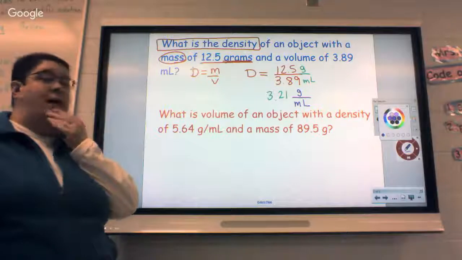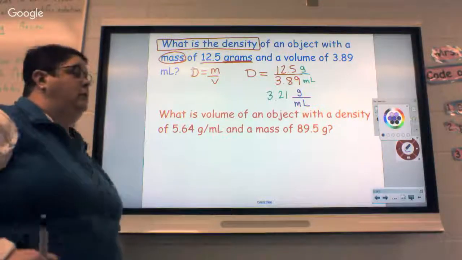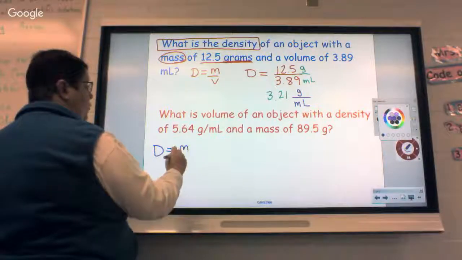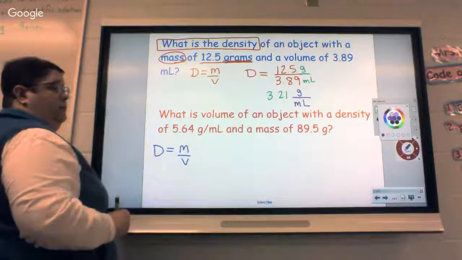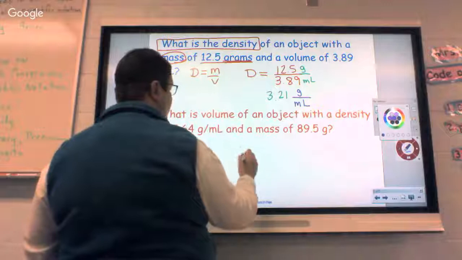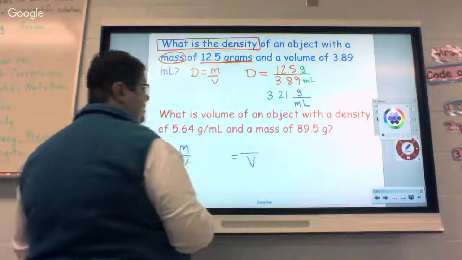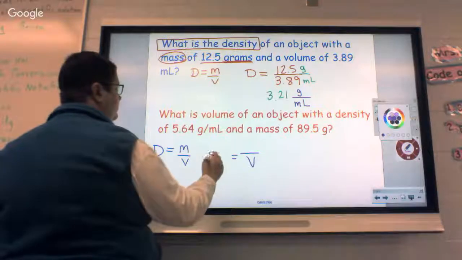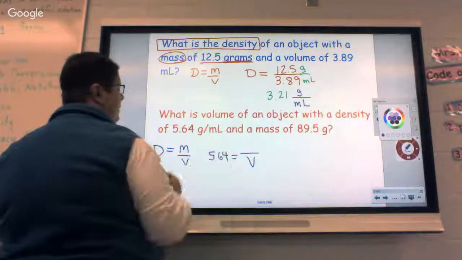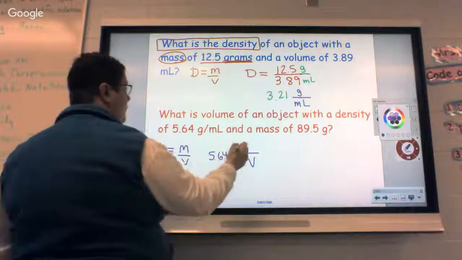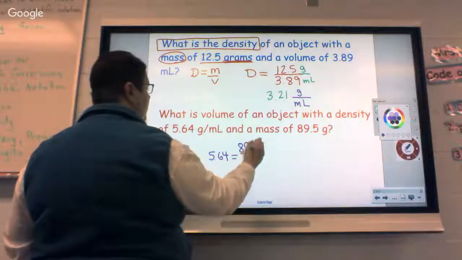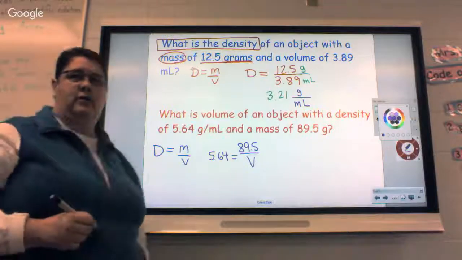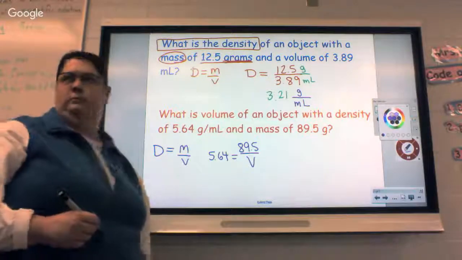So this time, I'm still using the same formula, but this time, I'm solving for which of the three variables? Solving for volume. So my density is what this time? And my mass is 10.